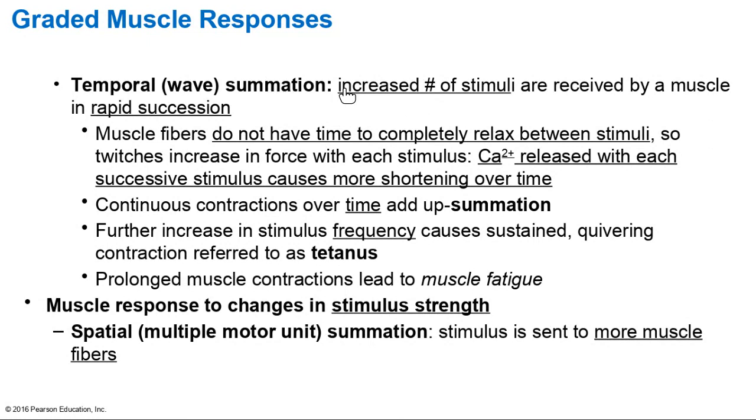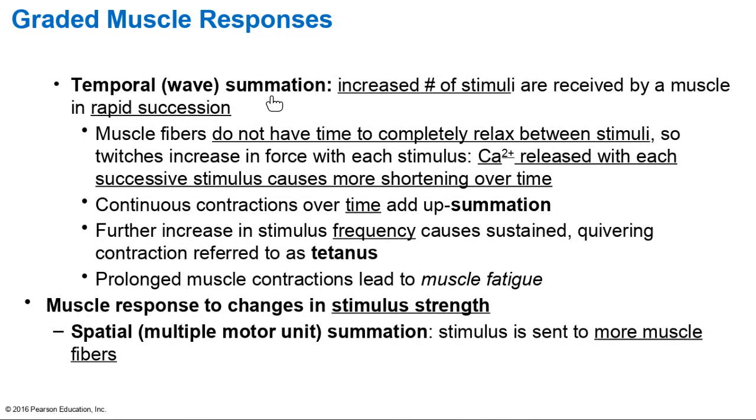Okay, so in temporal summation, we're having an increased number of stimuli from a neuron in a specific period of time. Okay, so this is usually going to be like quick, rapid succession.